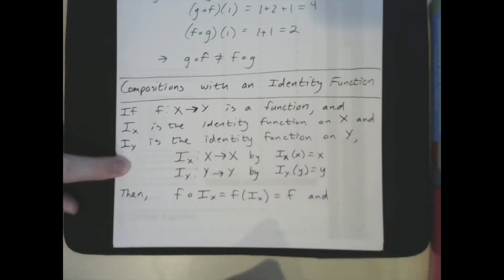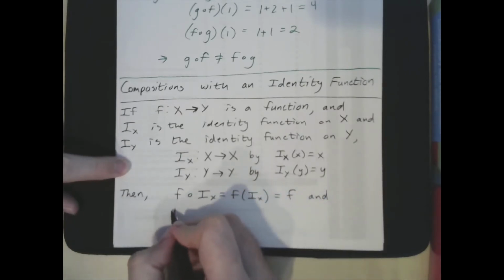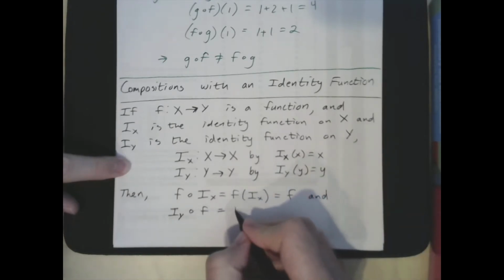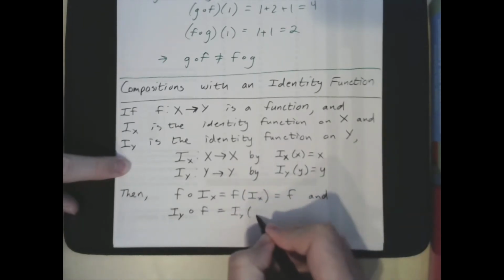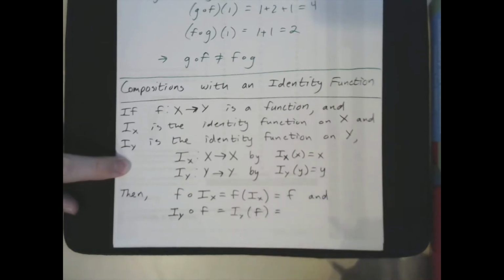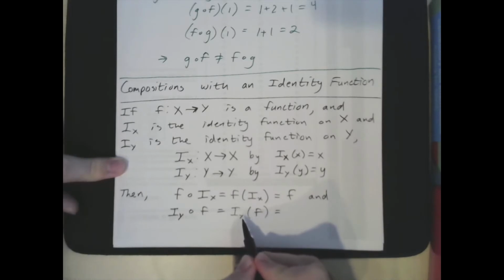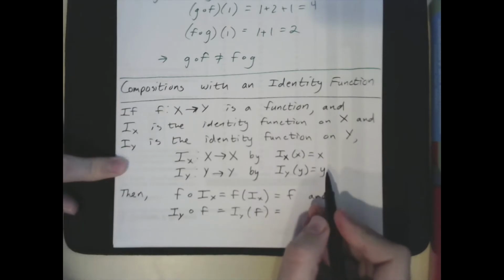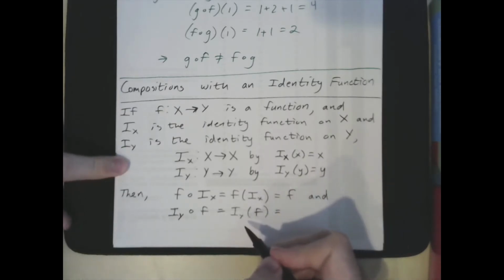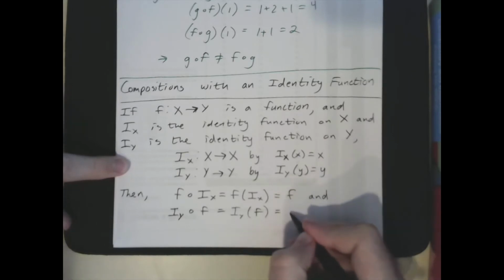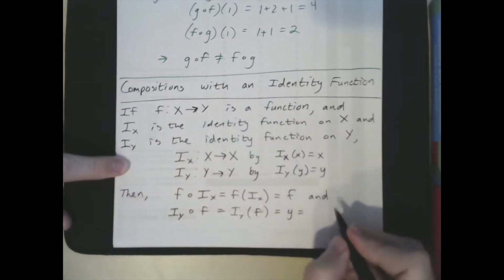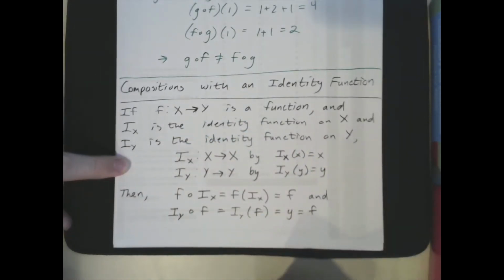And if we compose the other direction, I sub y composed with f, this is I sub y of f. Now, I sub y is y is y. So this is really just y. Now y is what we map to from x, so this is also just equal to f.